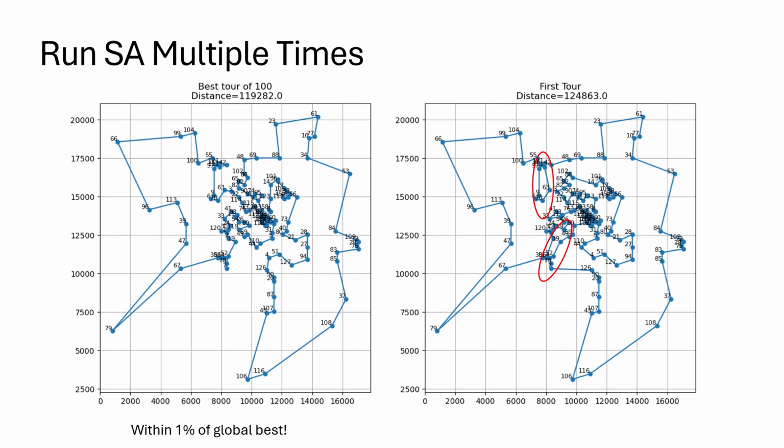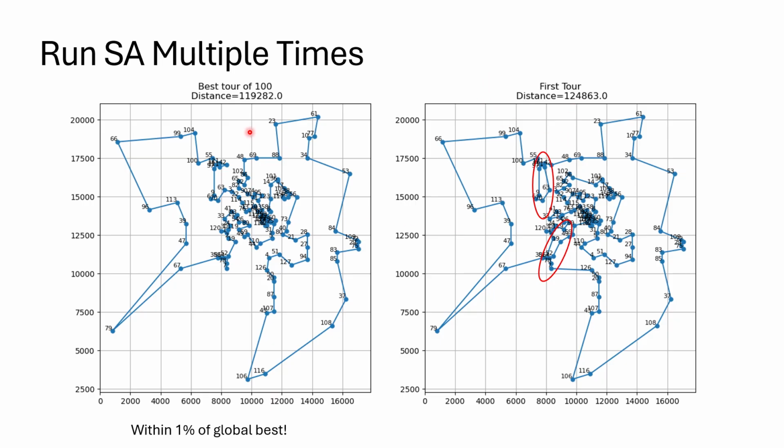All right, so here's running SA multiple times. On the right, we can see the best tour of 100 trials. And we came up with a distance of 119,282. Wow, that's pretty good. Remember, the best was somewhere around 118,000. So we are within 1% of the known best. If we just took the first tour of that 100 batch, we came up with 124.